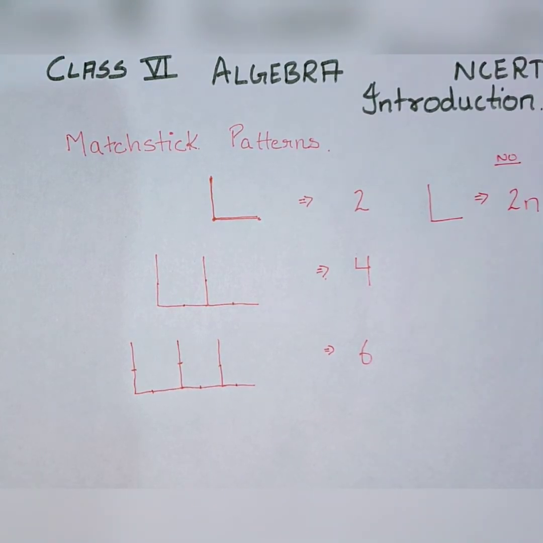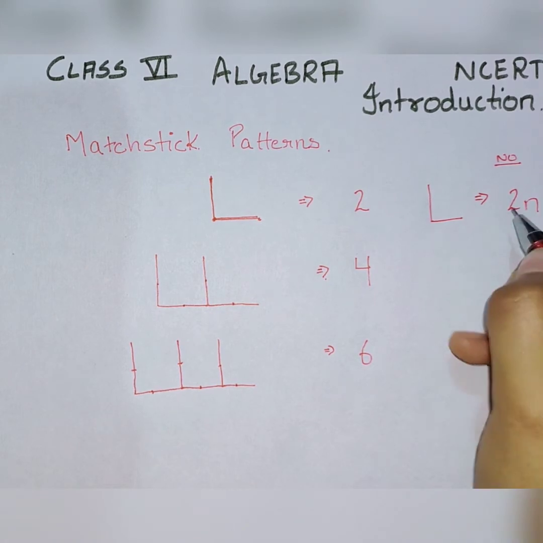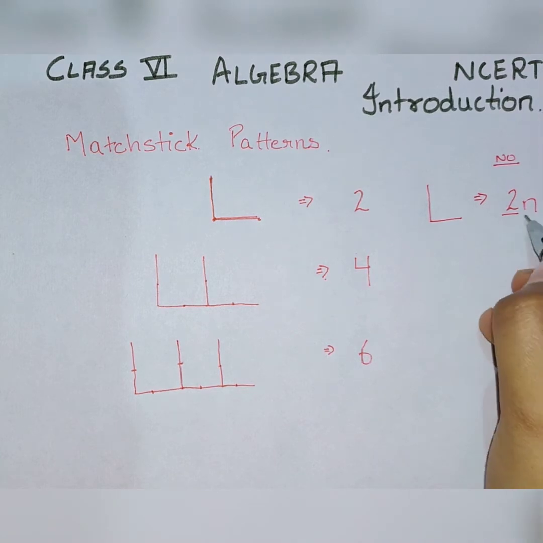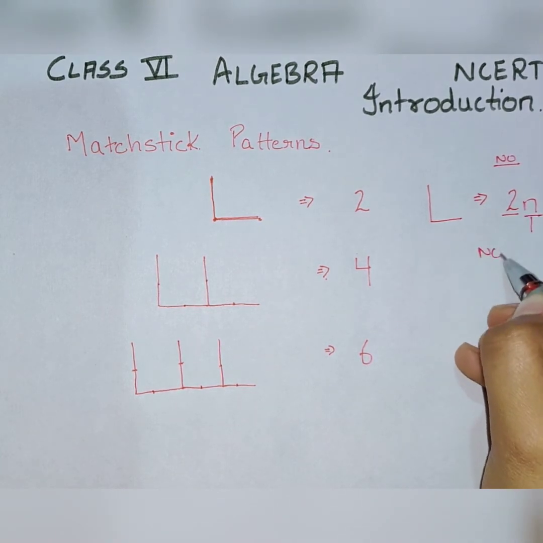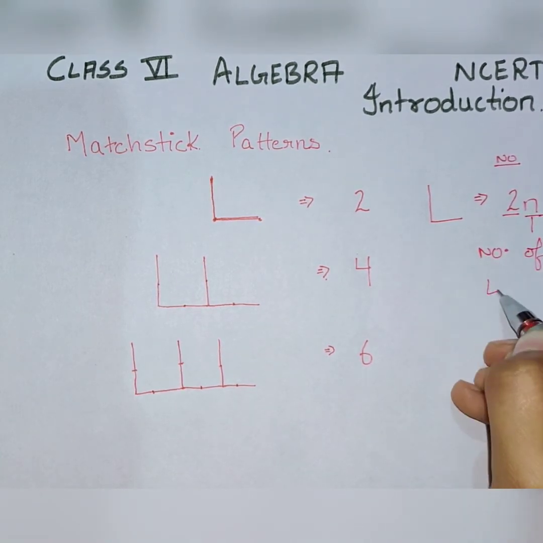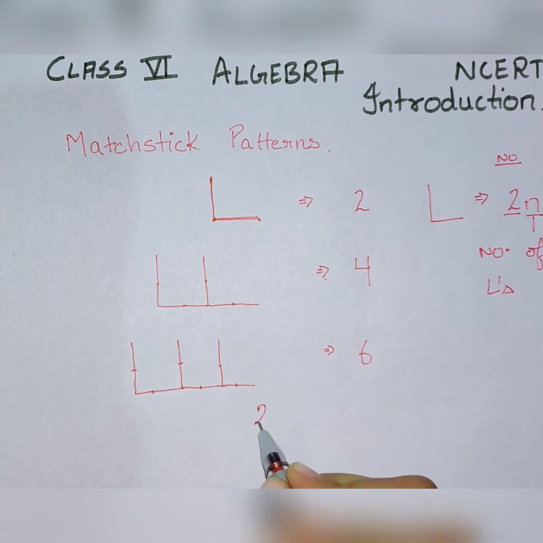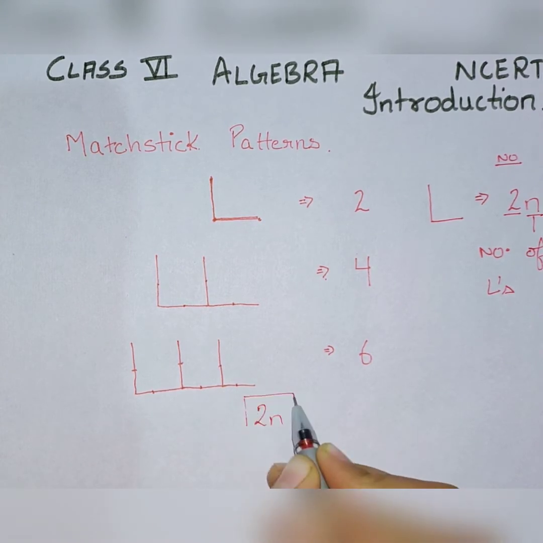How 2n? See here, 2 is the number of matchsticks used and n is the number of L's in the pattern. So this is the formula 2n for matchsticks used in the pattern of L.